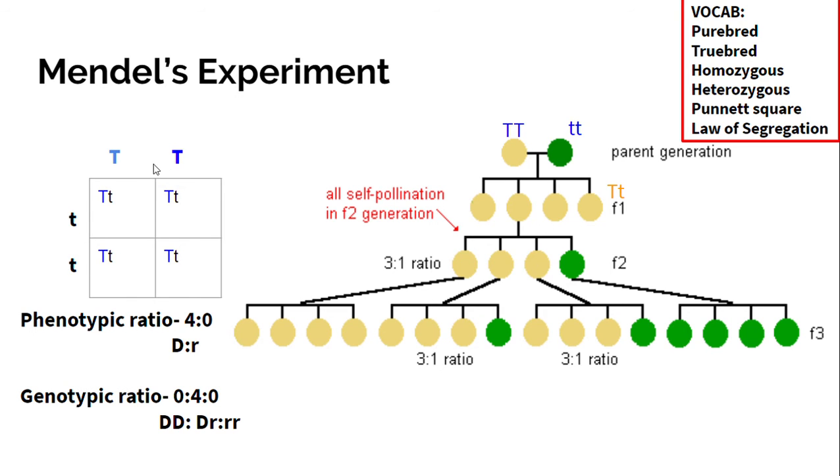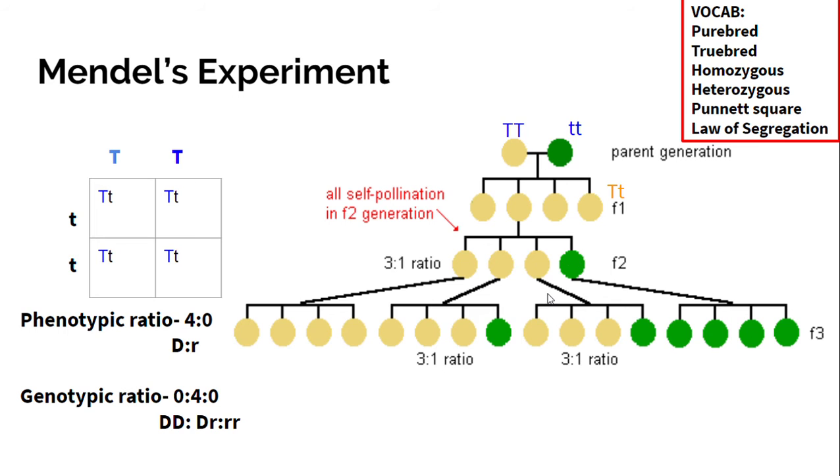Anyway, in his experiment, with crossing the tall purebred or true-bred pea plant with a short true-bred pea plant, he found that the next generation, the F2 generation, has 3/4 of the plants tall and 1/4 short. Then finally, he found 3 things.